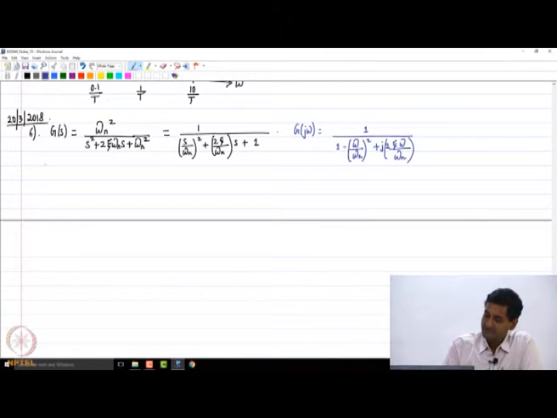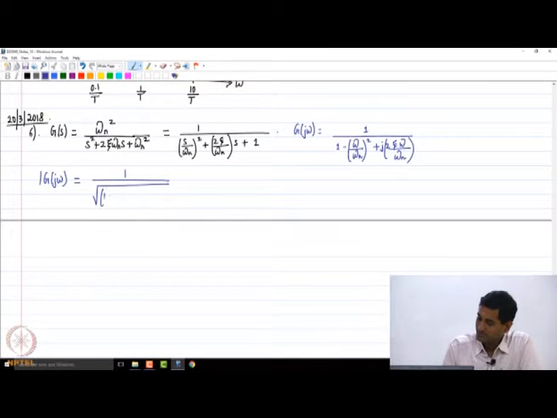So, that is what we will have as the sinusoidal transfer function. Once I have this, how can I write the magnitude of this particular factor? It is going to be 1 divided by the square root of the real part square, which is 1 minus omega by omega n whole square, squared, plus the imaginary part square, 2 zeta omega by omega n whole square, right.